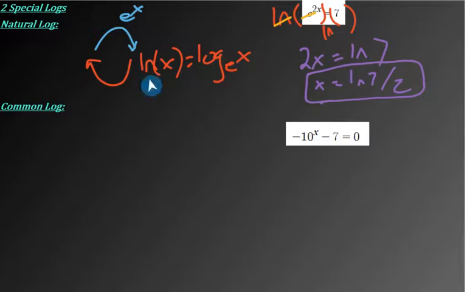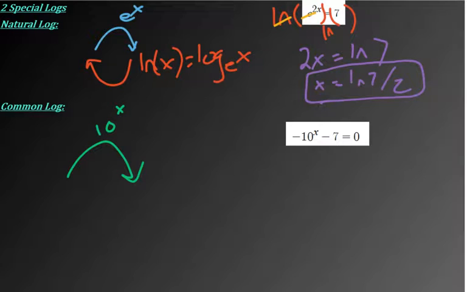But I just wanted to introduce it here because there are a few things on the homework with them that you'll see. And I figured if we're also talking about these kind of weird logs, we should talk about another log that gets a special name, and that is something called the common log. This is the one that is inverse to 10 to the x.